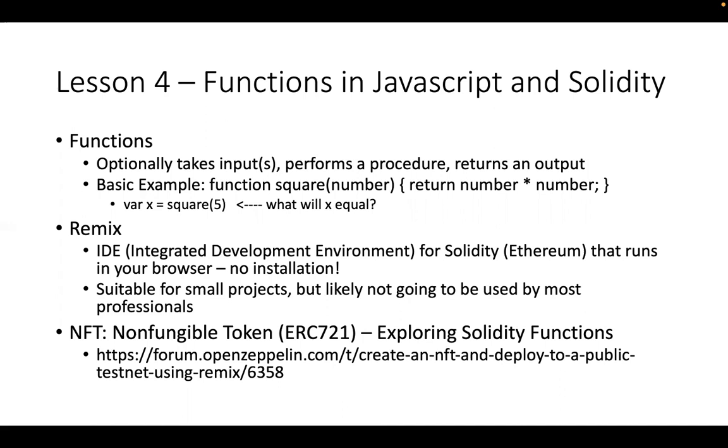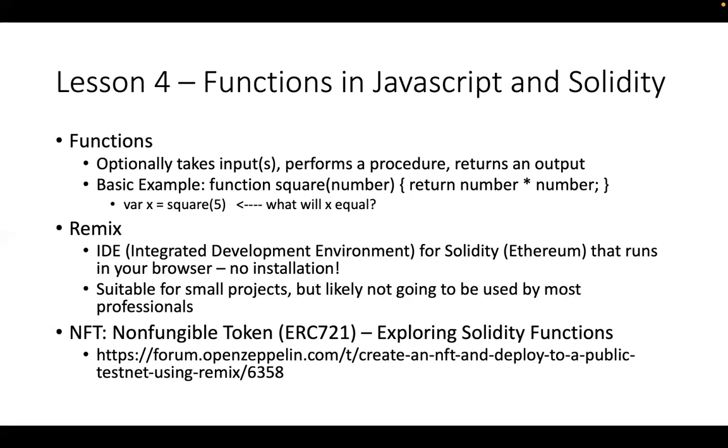So a really basic example of this, we could define a function by using the keyword function. We can give the function a name like square, and then we can pass optionally an input saying it's going to take a variable called number. Now, I use the word number, but I could have passed it anything as the variable name. You then see it uses the curly brackets, and then you can do one or multiple steps as the procedure for this function.